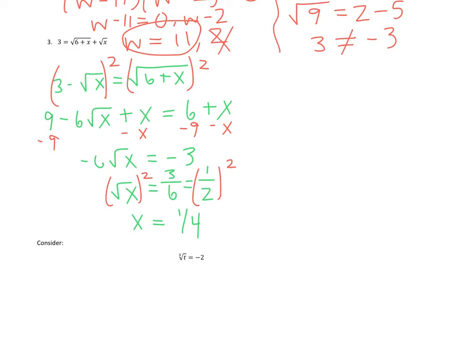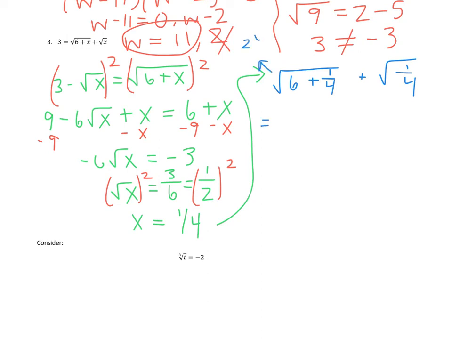Okay, so let's check x equals 1/4. So we'll plug in 1/4, so 6 plus 1/4 plus the square root of 1 over 4. Okay, so right here we need a common denominator. So multiply top and bottom by 4. 6 is the same as 24 over 4, and then you add a 4th. So you guys got 25 over 4.